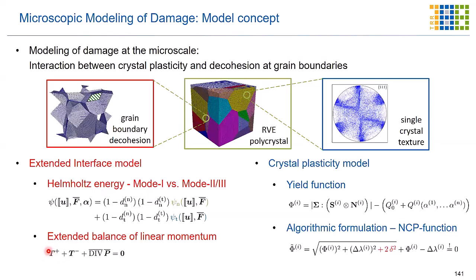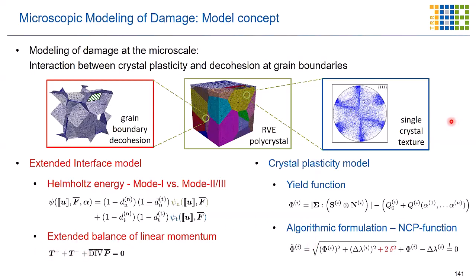Please take into account that you have two grains attached to an interface. So in the classical balance of linear momentum, the divergence of the stress is not only zero, but it couples the stresses from both sides, so from both grains that are neighbors of these interfaces.